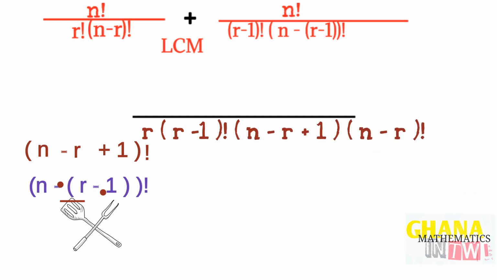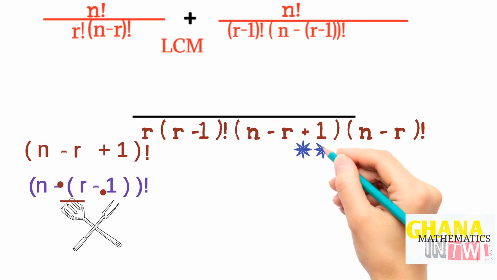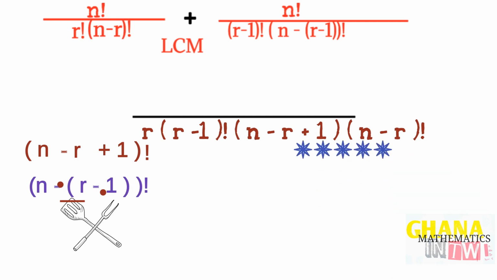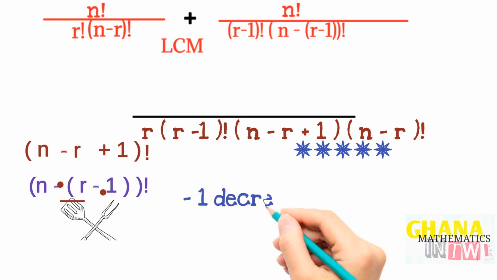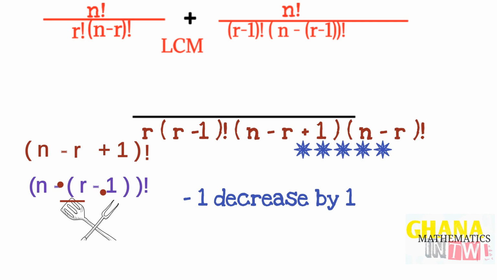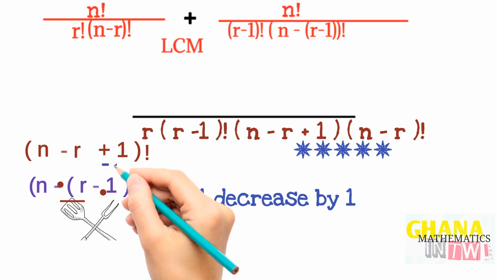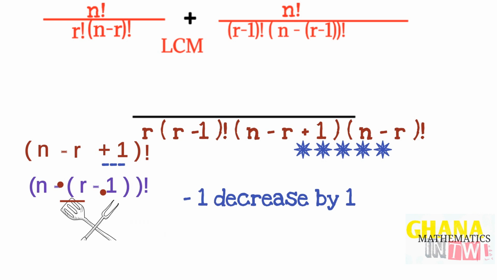So let me change the idea. Now, check the left hand side: n factorial over r factorial into brackets n minus r factorial. And I'm saying n minus r plus 1 factorial, the left hand side decreasing by 1, and the plus 1 cancels.